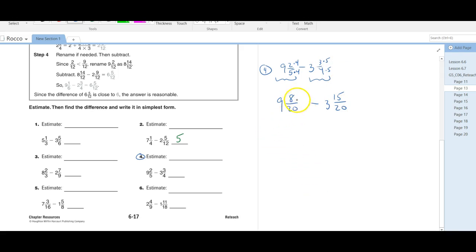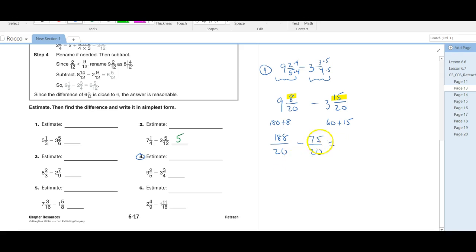Now, I notice this numerator is smaller than this numerator, so I have to convert to an improper fraction. 20 times 9 is 180, plus 8 is 188 over 20, minus 20 times 3 is 60, plus 15 will give me 75 over 20.